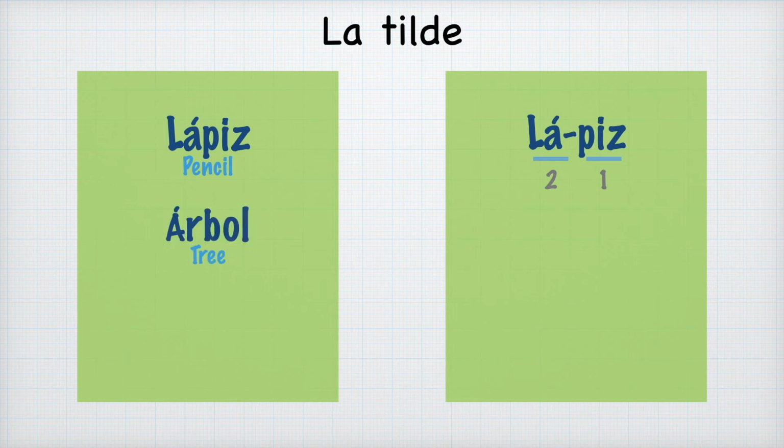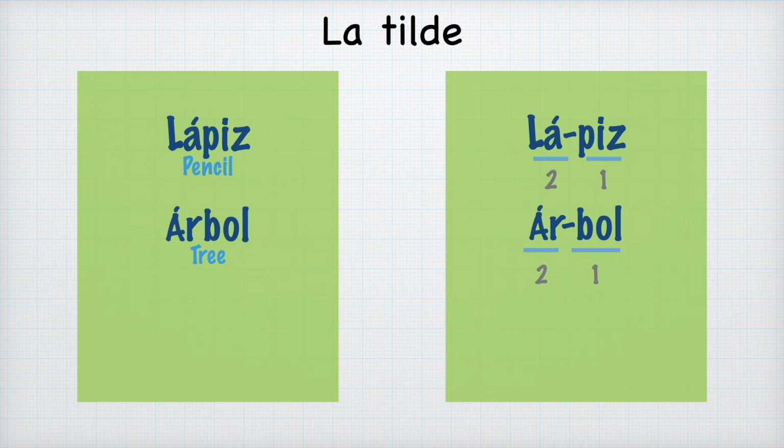The second example is árbol. It means tree. And again, we have 2 syllables. And we see the accent on the second one as listed on the screen. So that's the one that's going to have the stress. Árbol. Otherwise, it would have been as arbol.